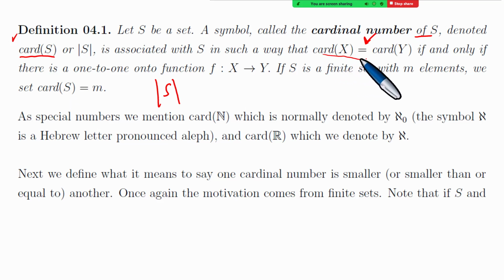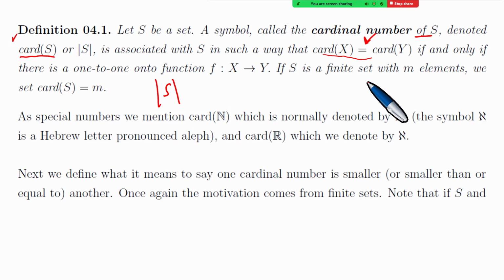If and only if there is a one-to-one onto function from X to Y. In other words, the cardinality of X equals the cardinality of Y exactly when there is such a function.